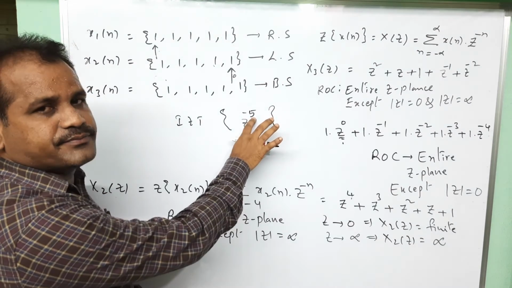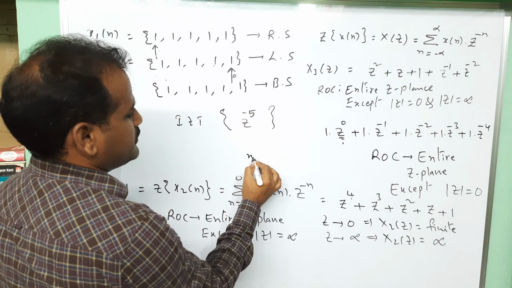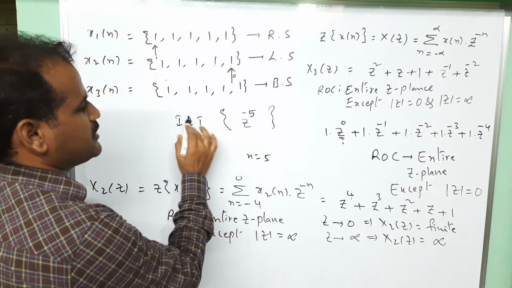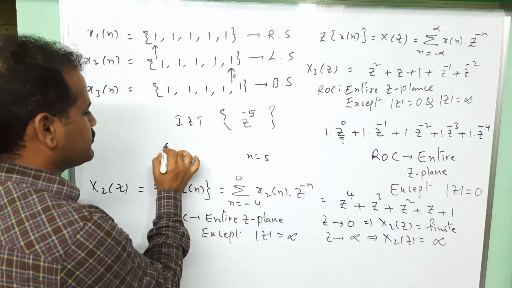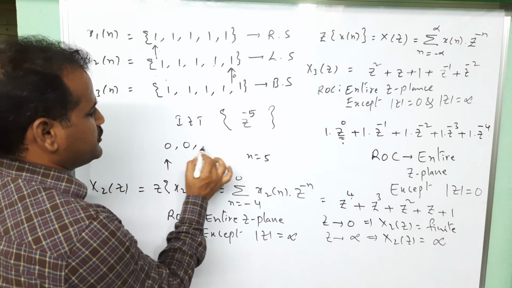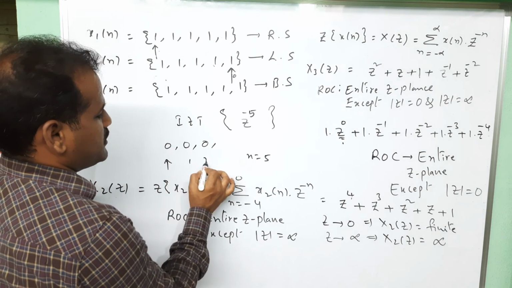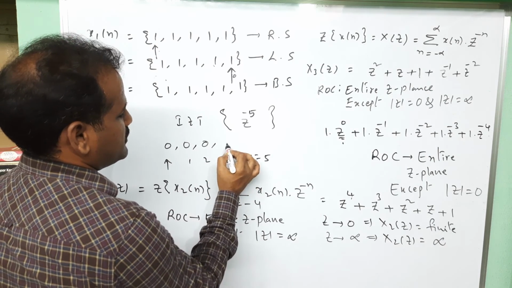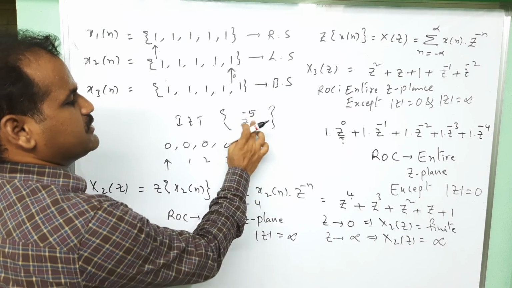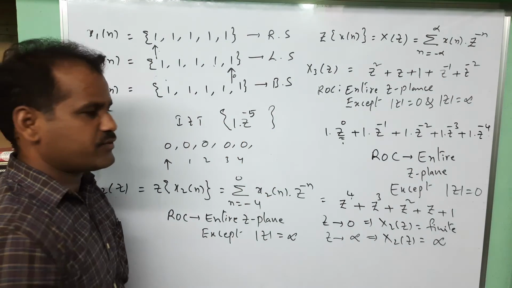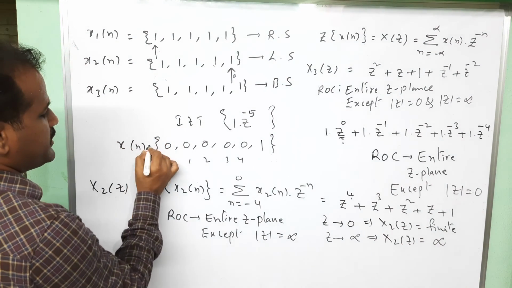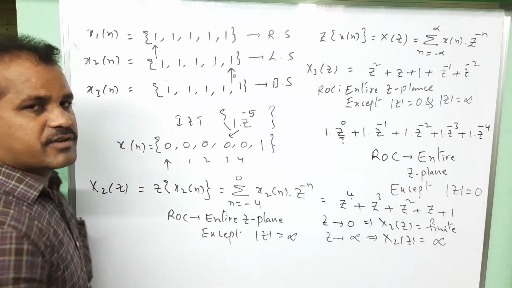Here 5, that means n value 5 is needed. Left side values: there are no z values, that means zeros. So from n value arrow mark onwards 0, 0, 0. For n value 0, 1, 2, 3, 4, all of these are zeros. And for n value 5, this is 1 into z raised to minus 5, that is 1. This is nothing but the corresponding inverse z transform for this case.